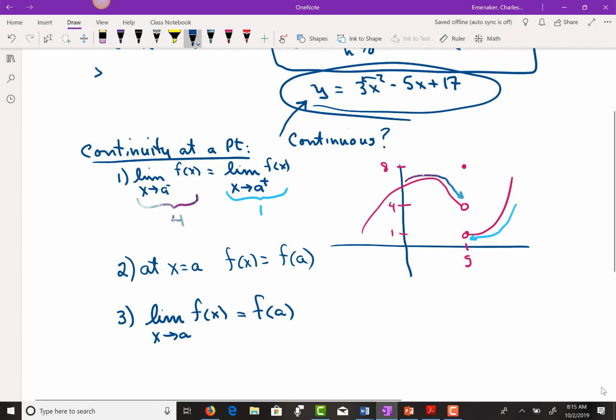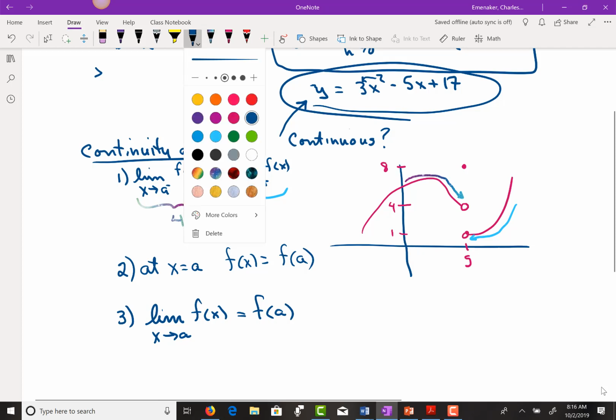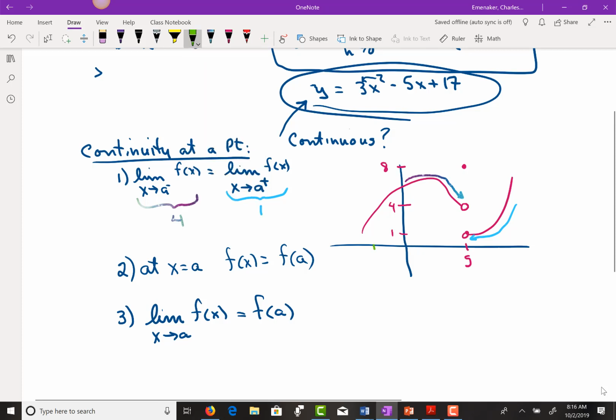If I'm coming in from the right, it has to look like I'm headed to that same value, and when I really get there, that's where I am. This function is definitely not continuous at x equals 5. However, if we take a look at something like x equals, let's say, -2, is the function continuous at x equals -2?